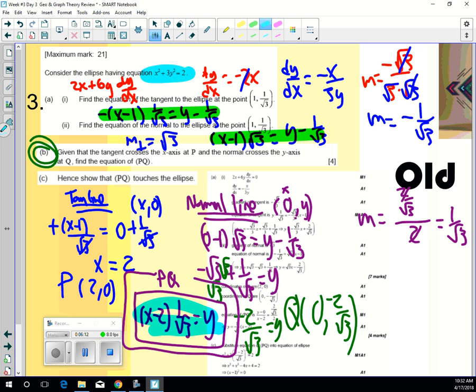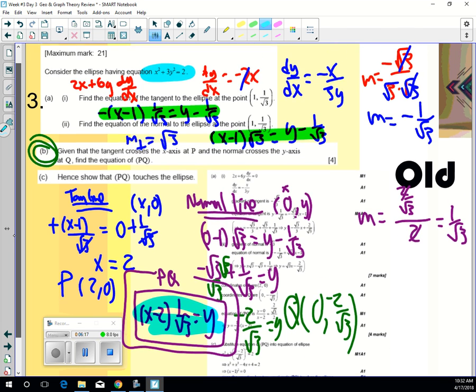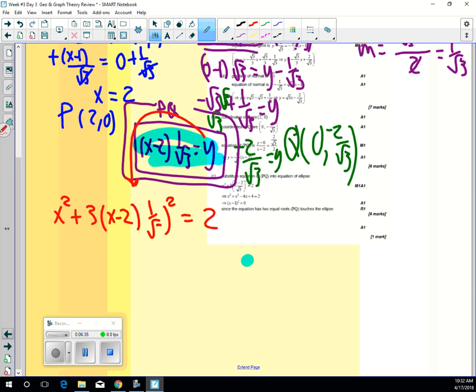So the way I would do it is I would take that x squared plus 3y squared. Here goes. X squared plus 3y squared equals 2, right? And I'm going to put this y right here: x minus 2 times 1 over the square root of 3. Are you okay with that?